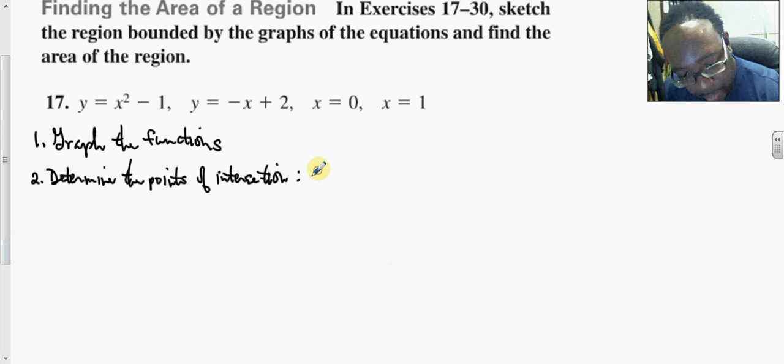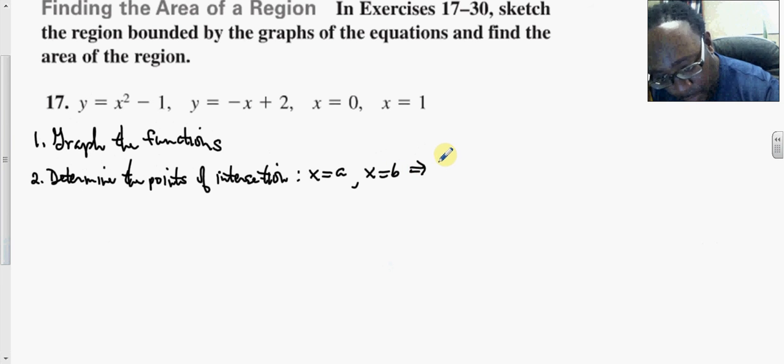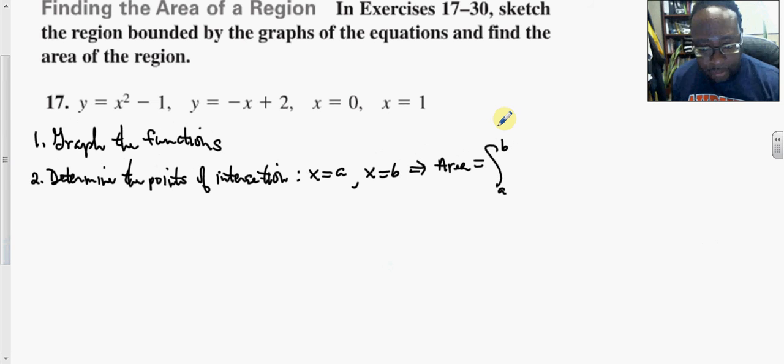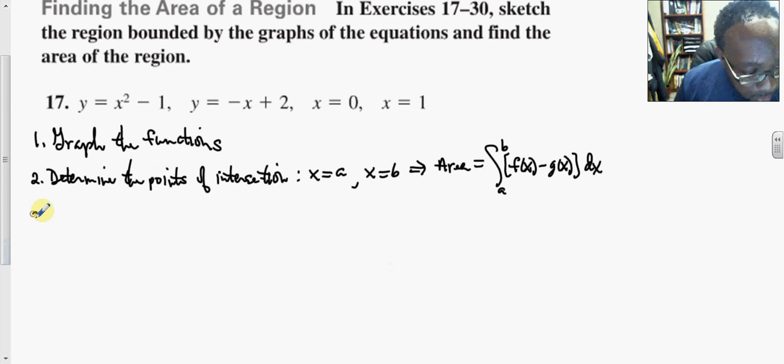Here you want to be able to determine what is A and what is B. So x equal to A and x equal to B, so that we can build the integral for the area, that it's some integral from A to B, some function f of x minus g of x dx. Also from the graph, be able to determine the upper function and the lower function.